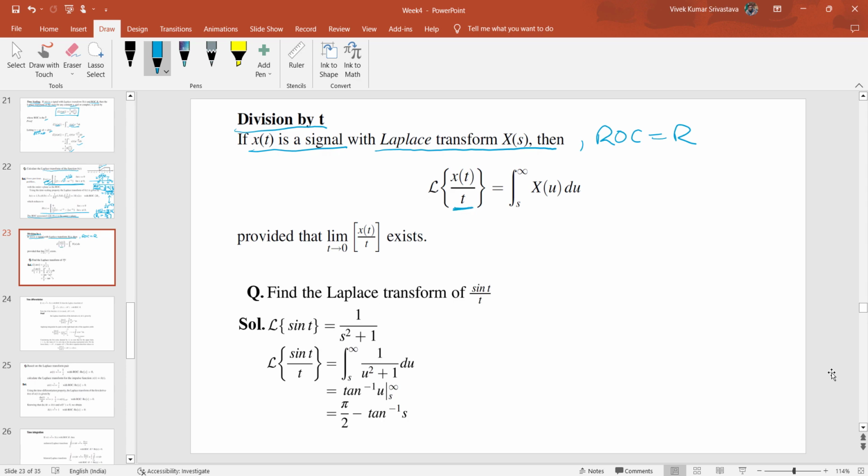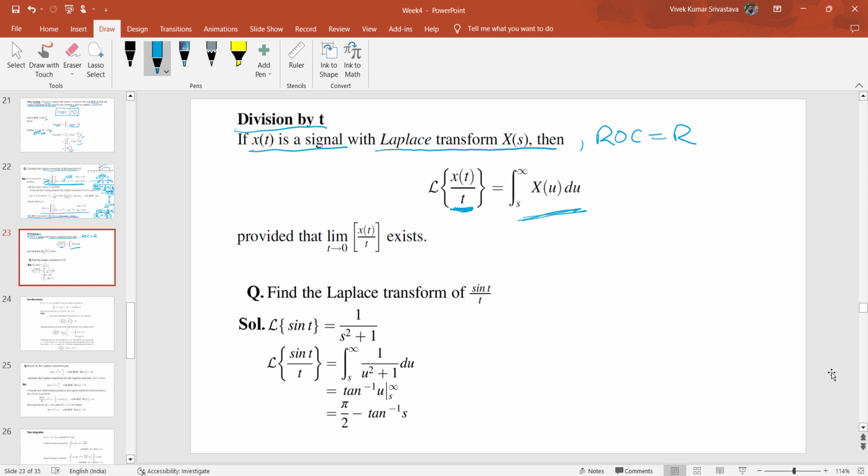For evaluating it, we use this property, that is integral s to infinity x of u du. By using this property we can easily evaluate this modified signal, which is x of t over t.